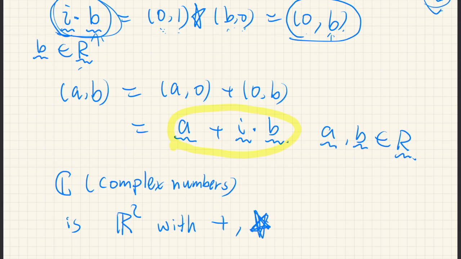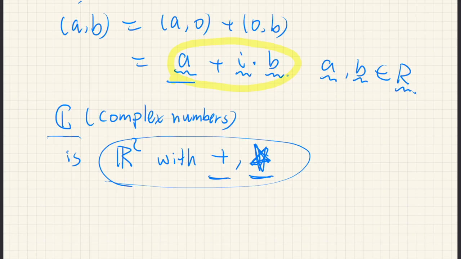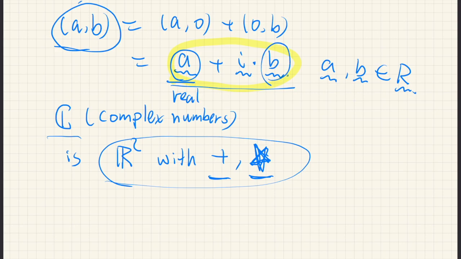So a complex number is not just defined as a set, but it also comes with addition and multiplication. So how it behaves defines what it is. This is an important point of view in algebra. So every complex number as we defined it is written in this way. We call this the real part, and this part the imaginary part, and this is the imaginary unit.